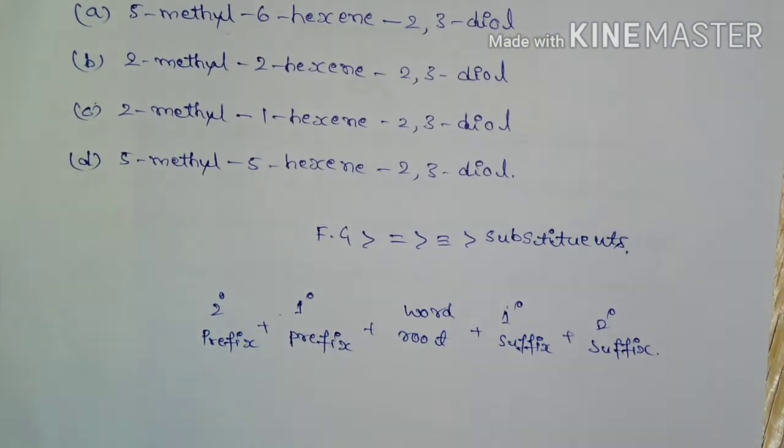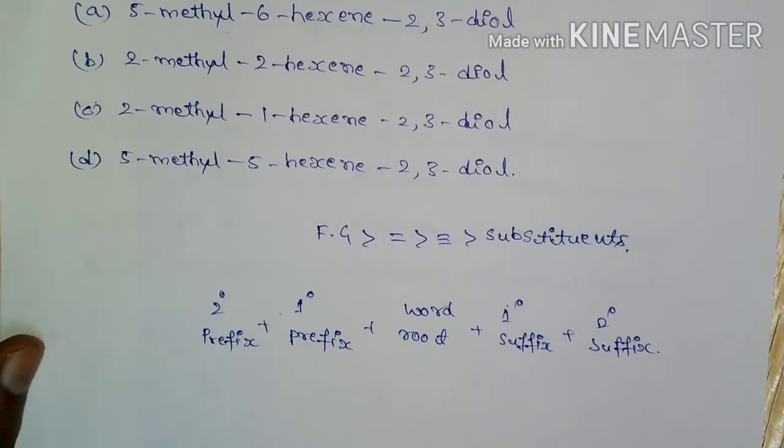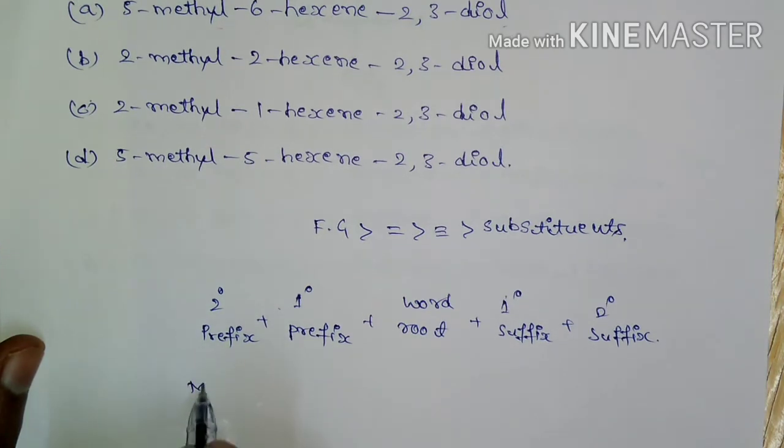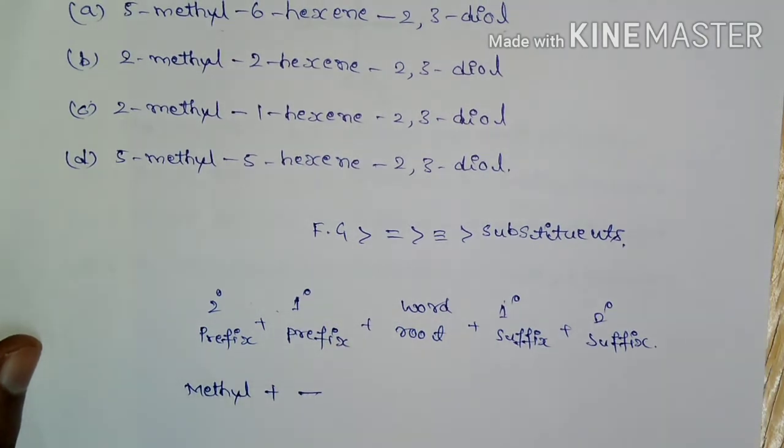So secondary prefix will be used for the substituent. Here the substituent is methyl. Since it is not a cyclic compound, we need not worry about that.